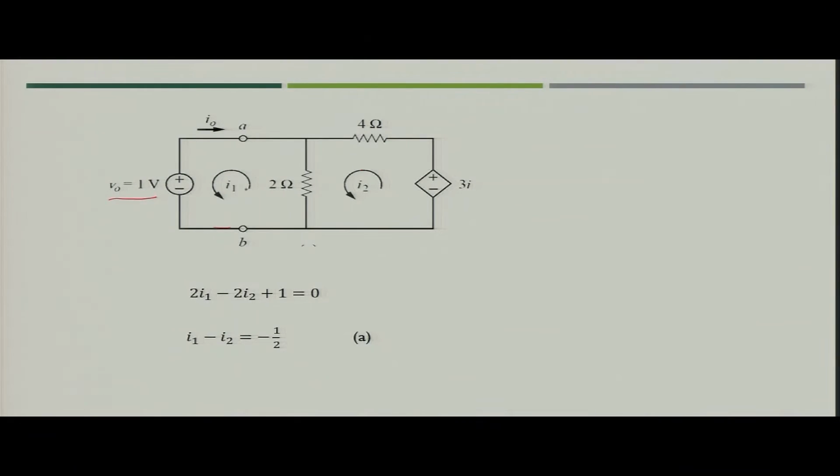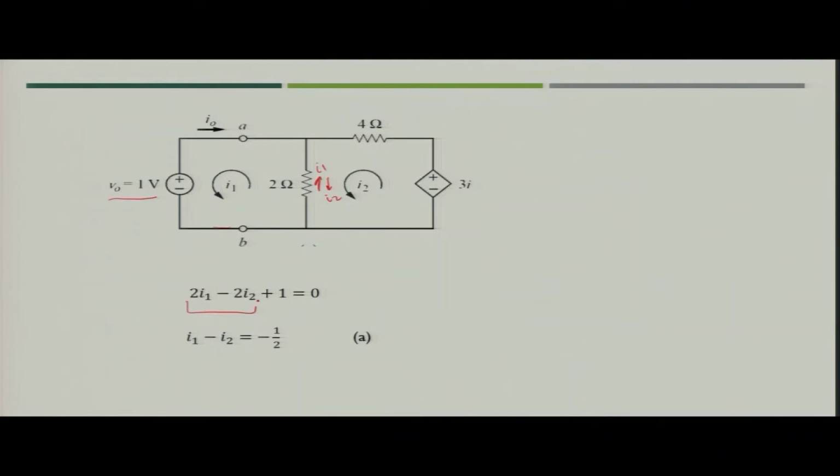Now, we have two meshes in the circuit. Let us say the currents I1 and I2 are flowing in this direction, both in the same direction. Let us write the KVL equation for both meshes. In this case, you can write 2 times (I1 minus I2), because I1 and I2 are in different directions here.